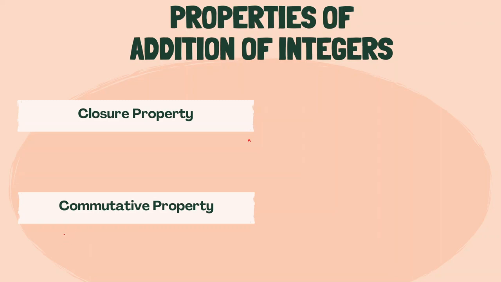Here also we take two integers like a and b, and the commutative property tells what? a plus b, that is first integer plus second integer, will always be equal to b plus a, that is second integer added to the first integer. So these two values will be same.